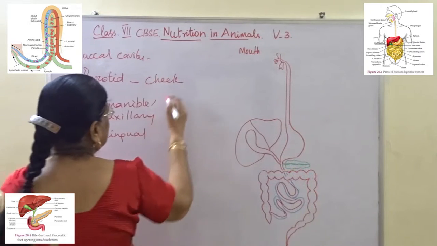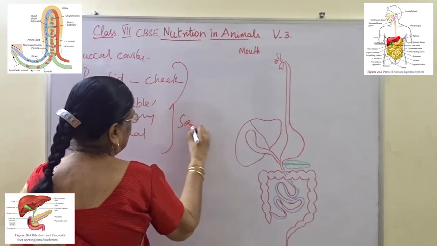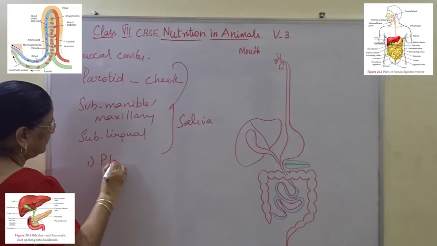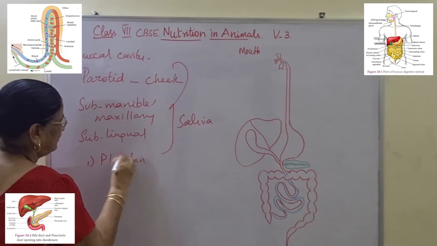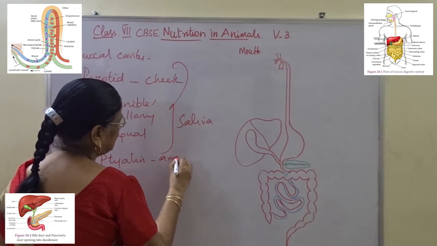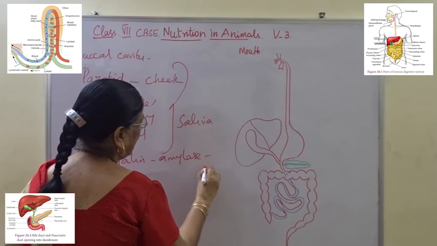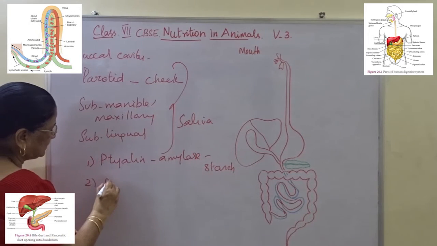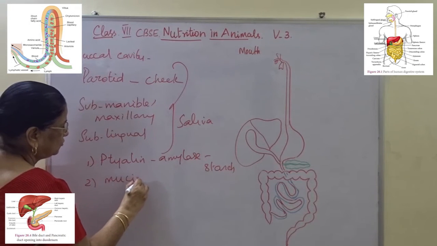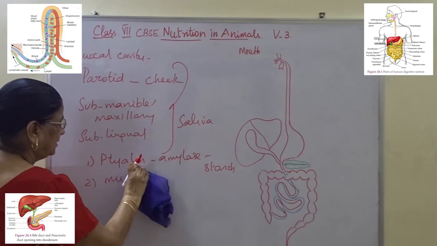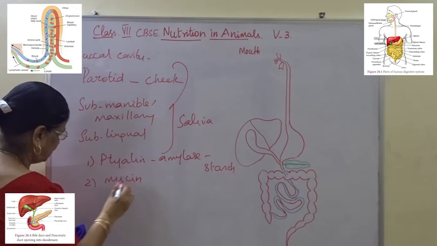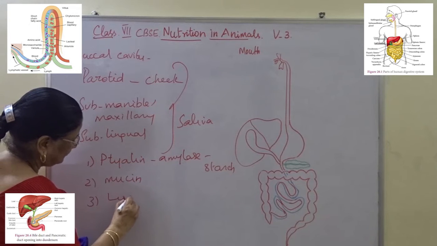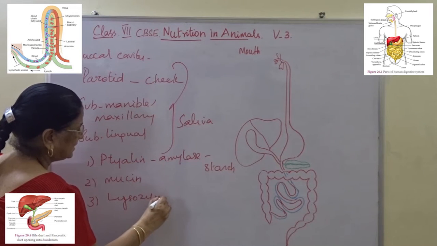Now the content of the saliva: it has the ptyalin enzyme. It is an amylase enzyme acting upon starch. And then it has mucus or mucin, and it has lysozyme.